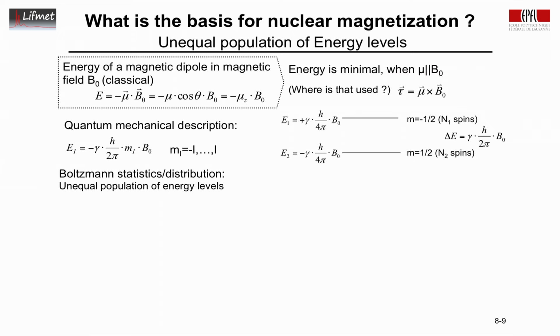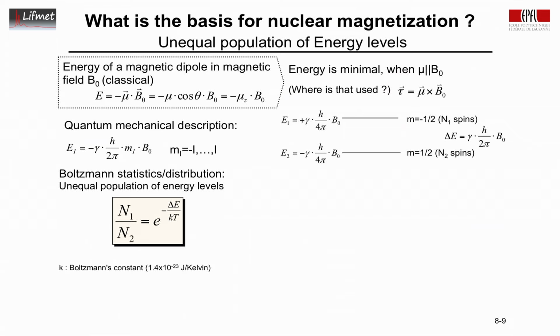And the relationship between the number of spins in the higher energy level, that is N1, to the number of nuclei in the lower energy level is given by e to the minus the energy difference divided by the thermal energy, which is kT.